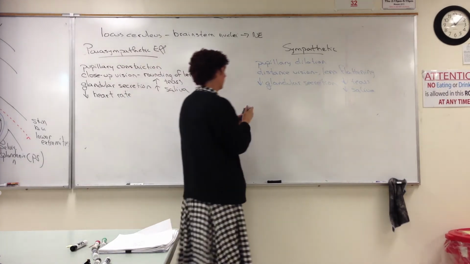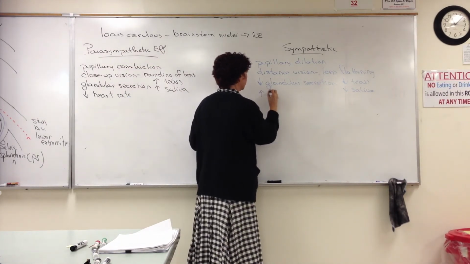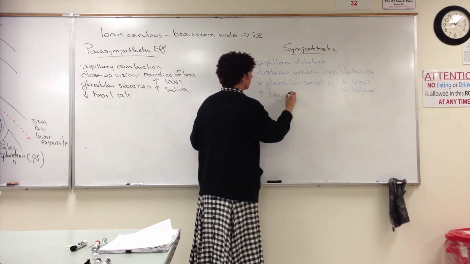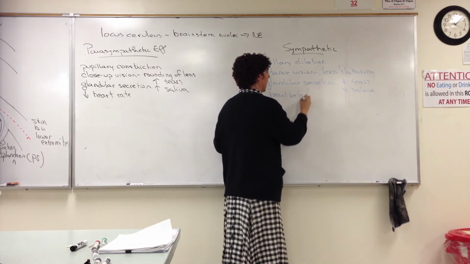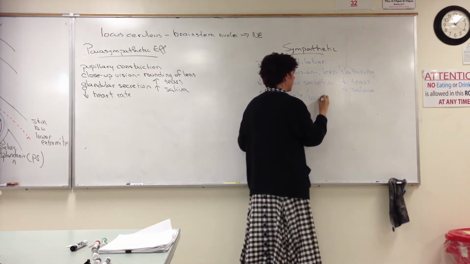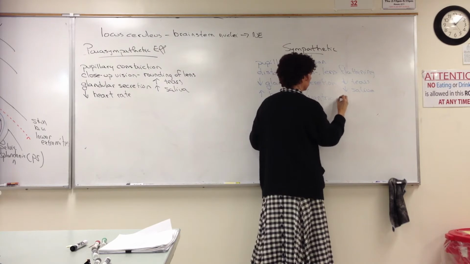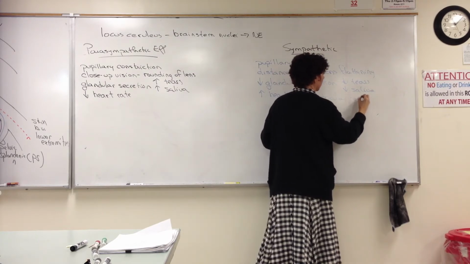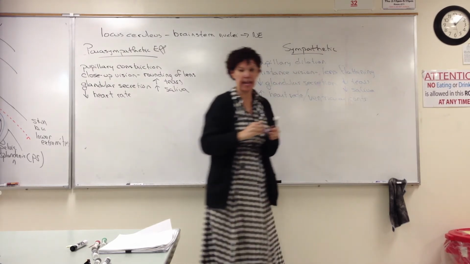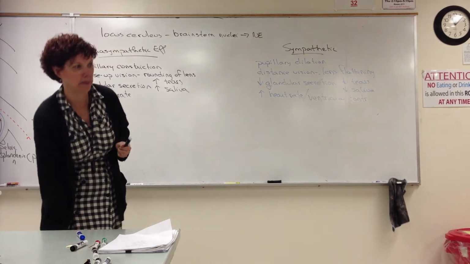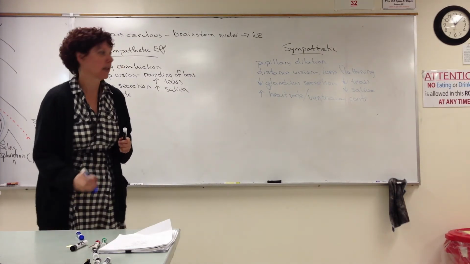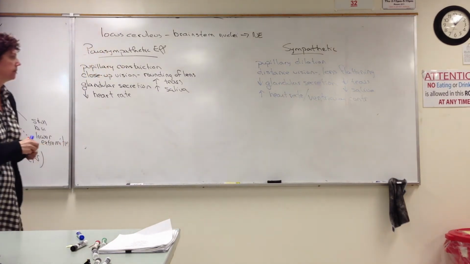Sympathetic is going to be increased heart rate and increased ventricular contraction. Parasympathetic really doesn't have an effect on ventricular contraction, but you don't need to know it to that level.